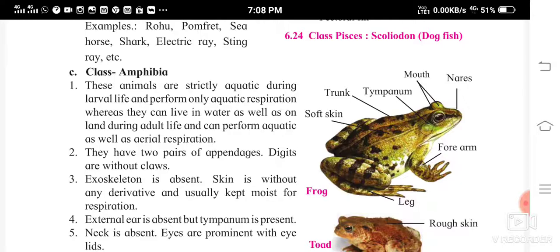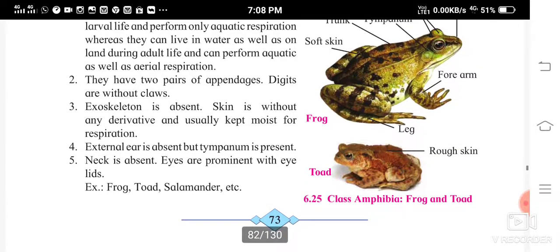They cannot respire in the air outside, but when they become adults, they can perform both aquatic as well as aerial respiration. Then they have two pairs of paired appendages, isn't it? And they do not have any claws, only digits are present. Exoskeleton is absent. Skin is without any derivative and they keep it moist for respiration.